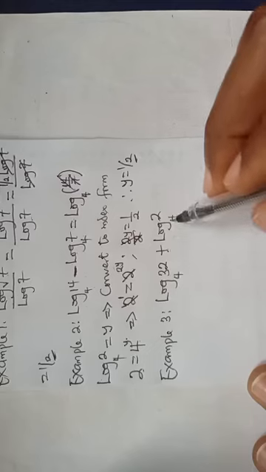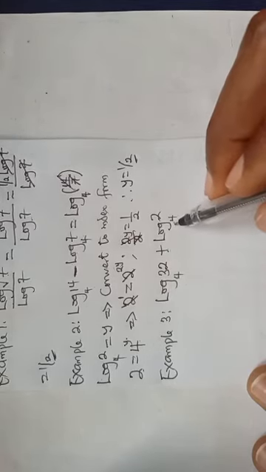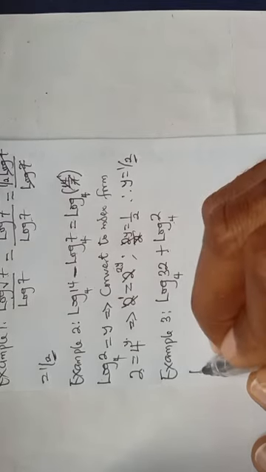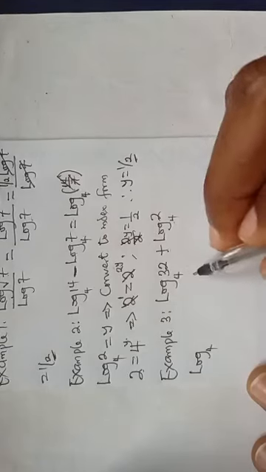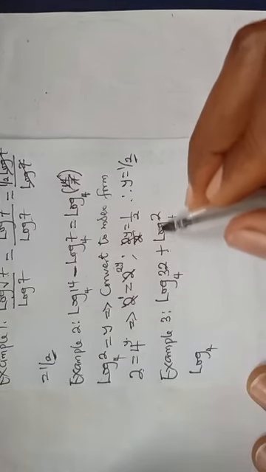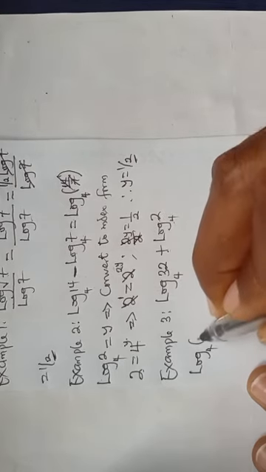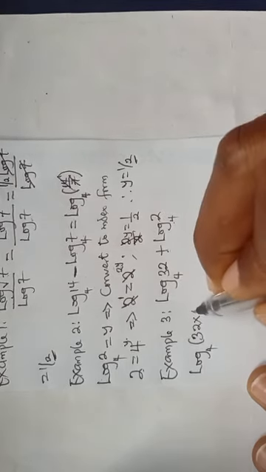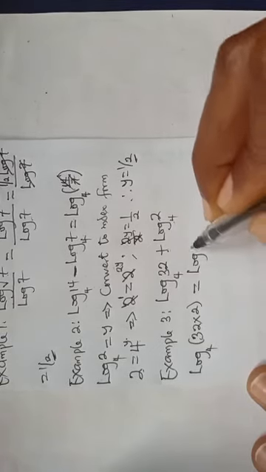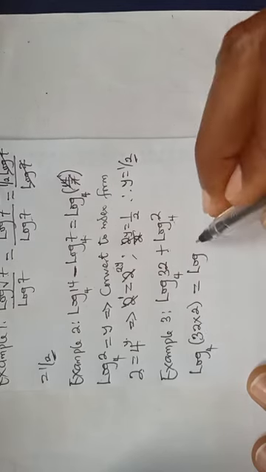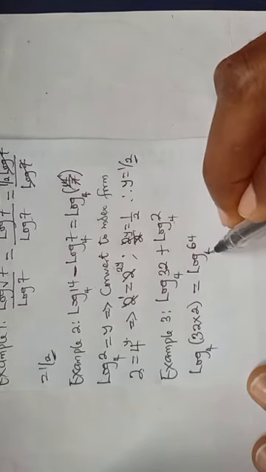But this and this have the same base. So the common thing here is log to base 4, which I'm going to have outside. So I'm going to multiply this and this. Is that okay? So I'm going to have 32 times 2, which is 64, to base 4.